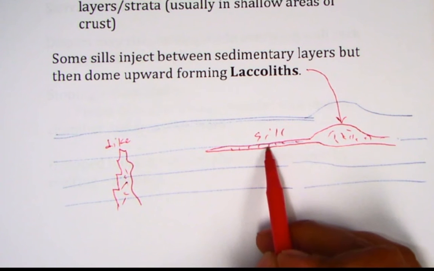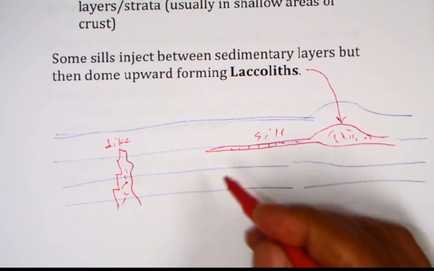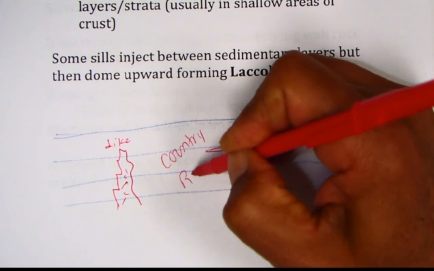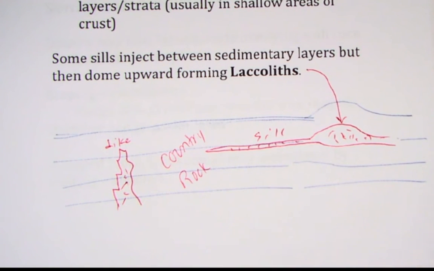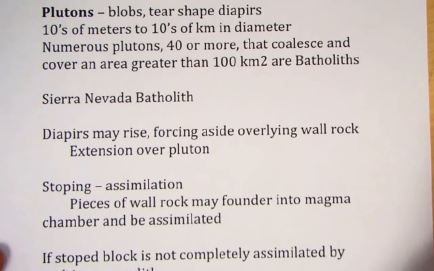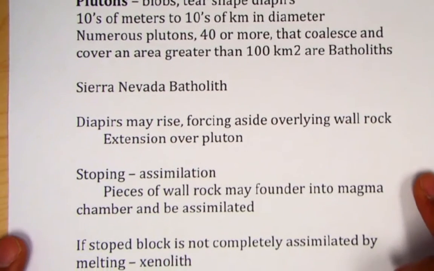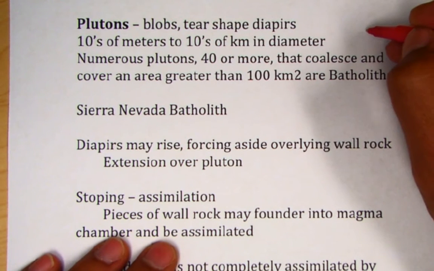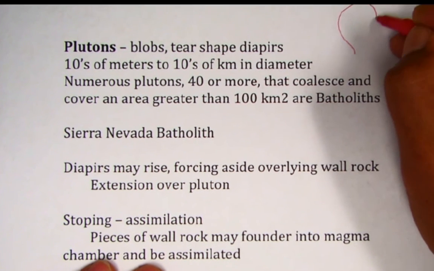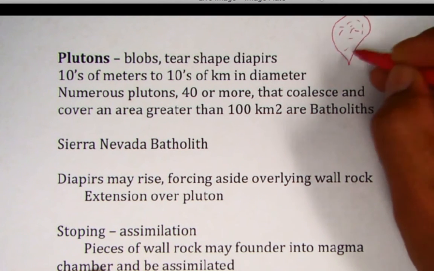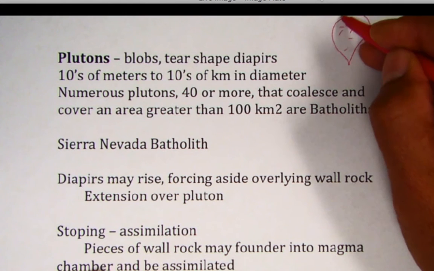They are concordant because they conform to the existing country rock. Your book calls it wall rock, but it's the same thing. And the dikes are discordant. They cut across those. Now, in terms of plutons, these are blobs. They're tear-shaped diapirs, and you can think of a diapir like a balloon rising, expanding as it moves up toward the surface.